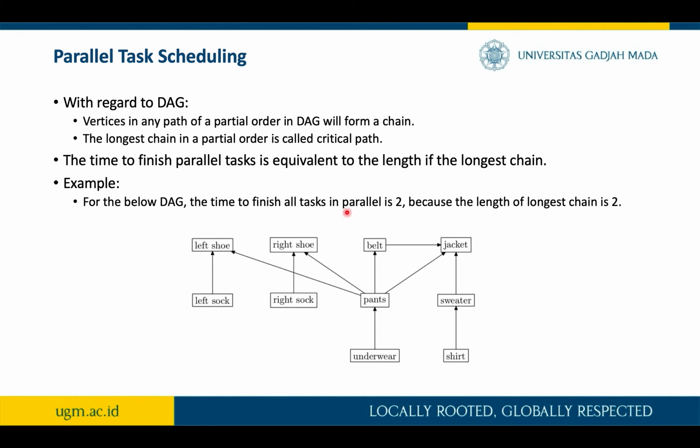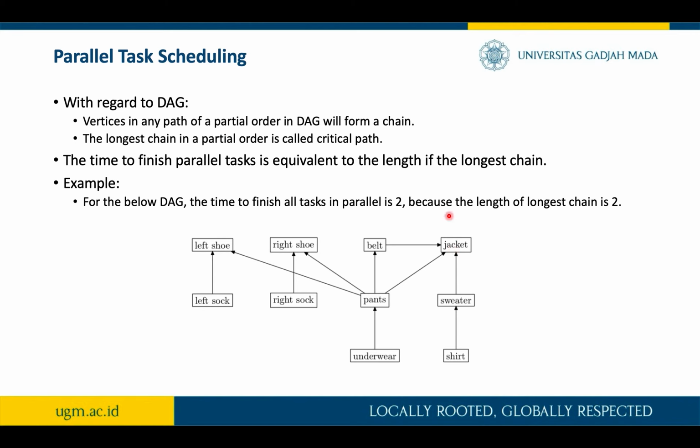In this case, we have a DAG, and the longest path is 3. Sorry, it should be 4. 1, 2, 3, 4. Actually, we have a chain of length 4.